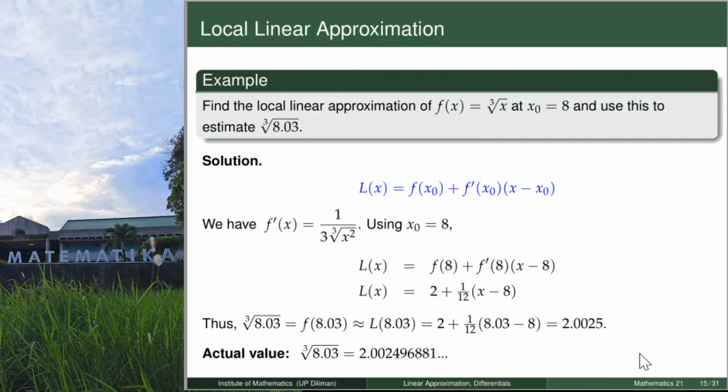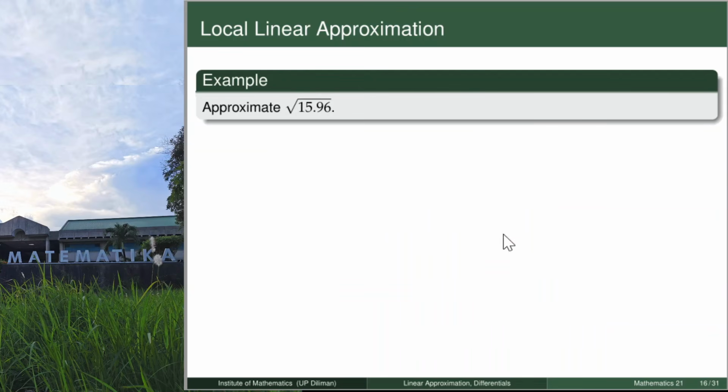Okay, so let's try square root of 15.96. So in that case, again, if you notice, it's quite different from the first example, because for the first example, the function f and x0 are already given, but in this case, it's not. So maybe for this example, let's try to use the alternate form, the red one. But for this alternate form, we actually need 3 things.